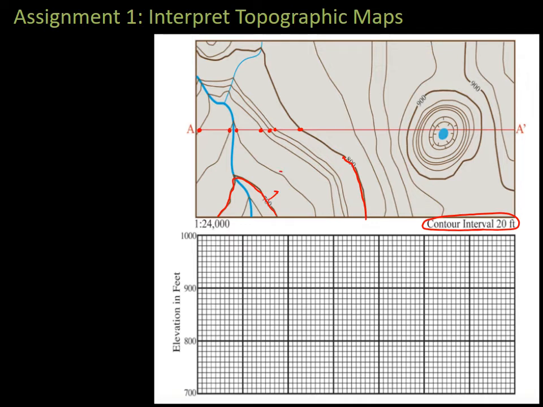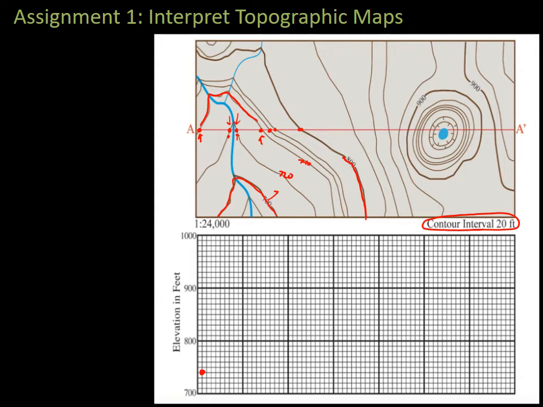And so if this one's 700, this one must be 720, this one must be 740, etc. So both of these dots there are 720, this dot is 740, and since this here is the 740 line, this one must also be at 740. So that first dot is at 740 feet. So I'm going to go straight down on my graph paper and put a dot approximately there at 740.